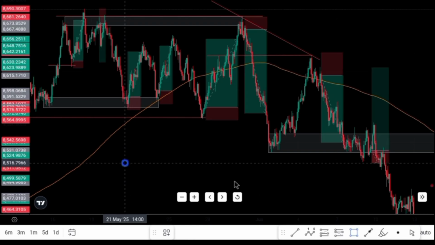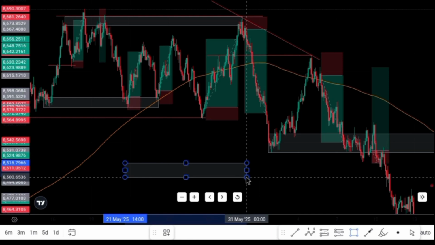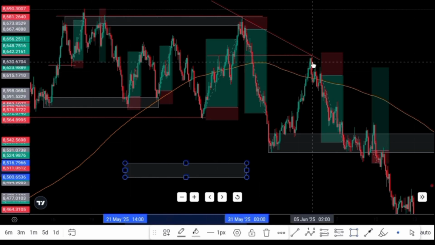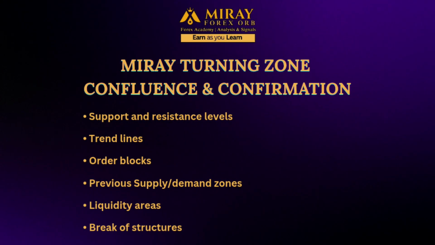So I just draw my zone where I feel price is likely to reverse. And like I said, I didn't just pick these zones randomly. I look for strong confluence with multiple confirmations. The strong confluence I use for multiple confirmation is support and resistance level, trend lines, order block, previous supply and demand, liquidity areas, break of structure.